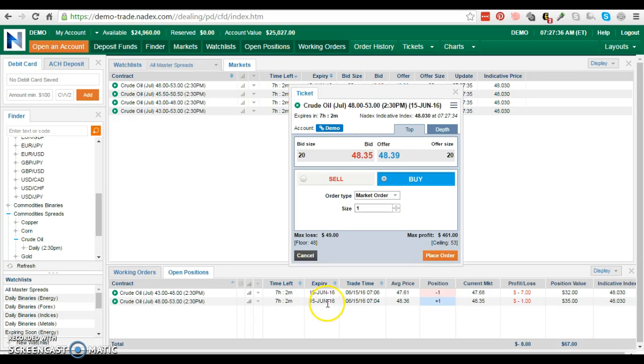This is the date of expiry. This is the time that I executed the trade. This is the price I got in at. This is telling me that I have one buy. It's kind of a bluish green, and it has a +1, or however many contracts you have. That's saying that I bought that one.